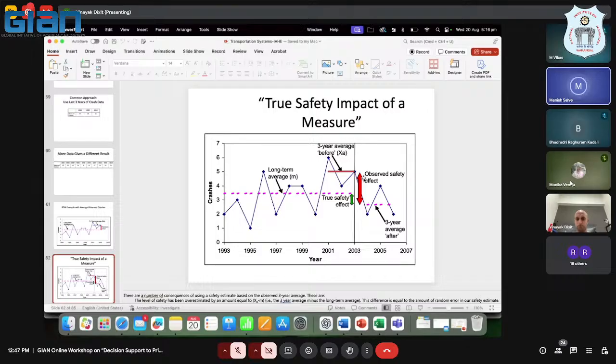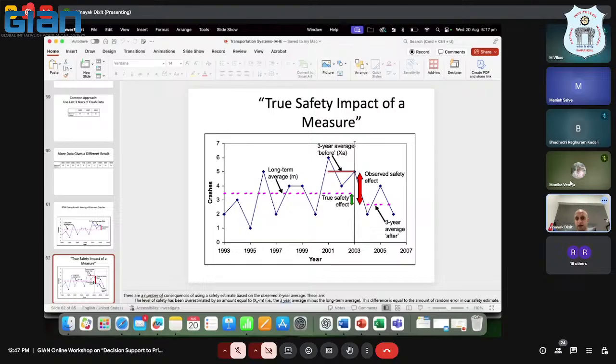Sir, is there any example so we can understand? This is the example I was talking about. Let's take this example. The long-term average is around 3.5 crashes per year. But if I take only a 3-year average, because of randomness, I'm getting around 5 crashes per year.